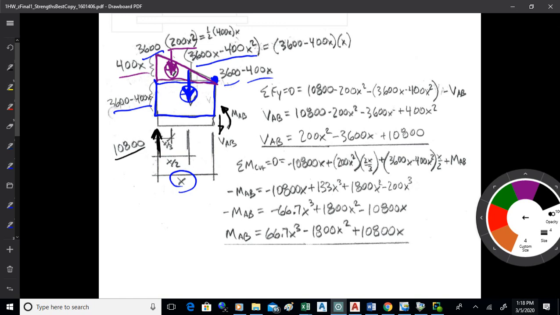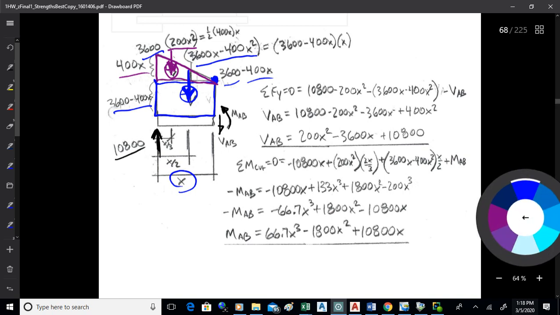The whole deal on that is about the slope of the line on the hypotenuse of the triangle. It's dropping 3,600 over a run of 9. So the slope is negative 400. And then you multiply that by the distance, which is x, that gets you the change in height. So we're at 3,600 minus 400x. That's the height of that point there on the right.